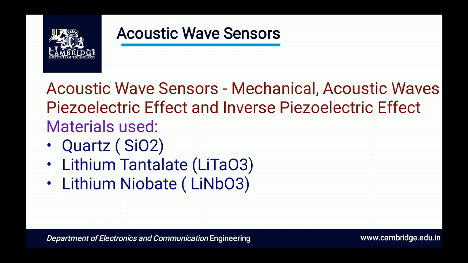The advantage of using an acoustic wave is the slow speed of propagation, which is 5 orders of magnitude slower. For the same frequency, the wavelength is 1 lakh times shorter than the electromagnetic wave. This slow speed of propagation allows the fabrication of very small sensors with frequencies in gigahertz and with very fast response.